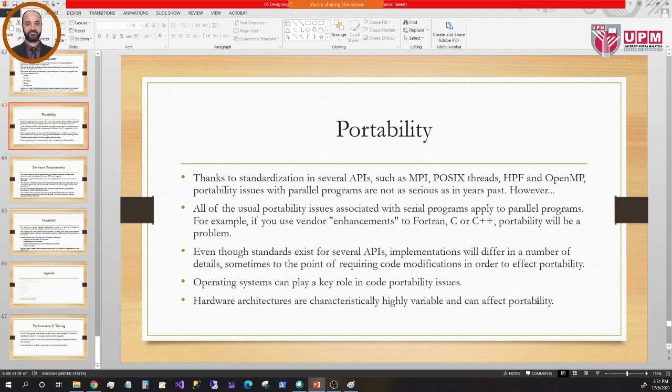So from here we can summarize. The portability actually has been improved in the last decade due to the availability of multiple platforms and software and APIs that help us make our programs portable. But in some cases we still struggle, like in this scenario. Also, due to some hardware architecture, sometimes we will have issues of portability.